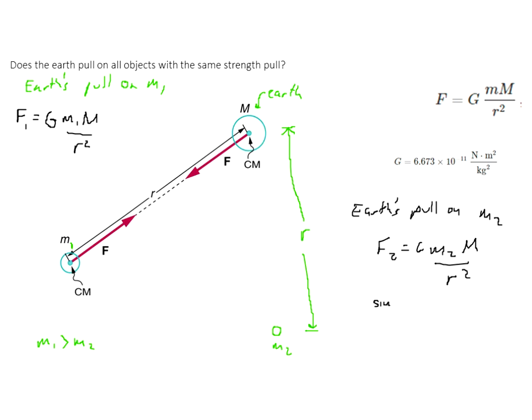And since M1 is greater than M2, that means that F1 is greater than F2, assuming these R's here are the same. I didn't measure it super precisely, but I meant them to be the same. So the Earth doesn't pull on every object with the same strength pull, but the Earth's pull on an object is equal to the object's pull on the Earth.